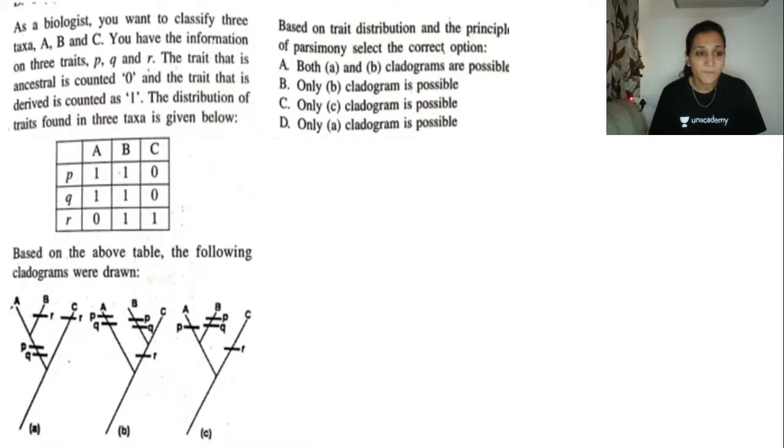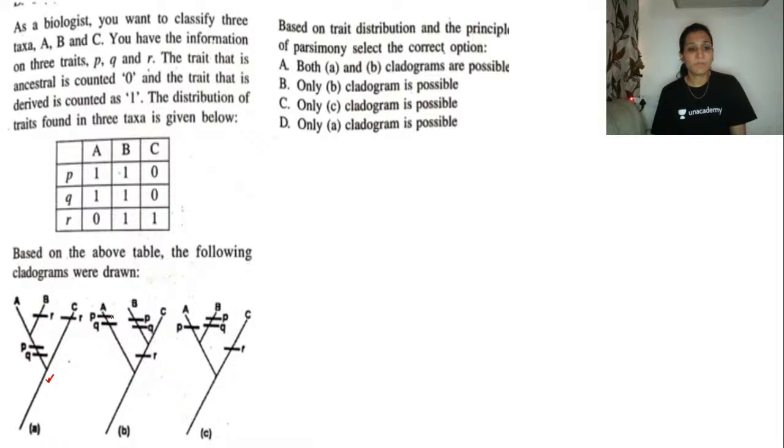So here A and B. In A they are saying 1 for P, and in B they are saying P also. Q and P, they both are common to A and B. Fine. R is there in B, so yes, that is also there. Then for C, they are saying C is having only R. So yes, okay, fine. Yes, it is fulfilling the condition.